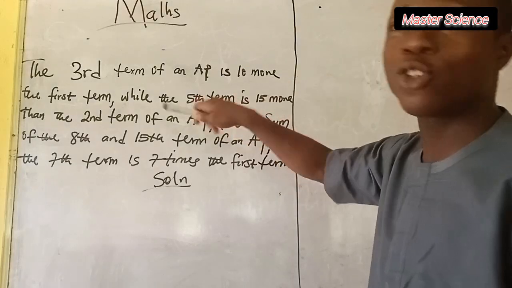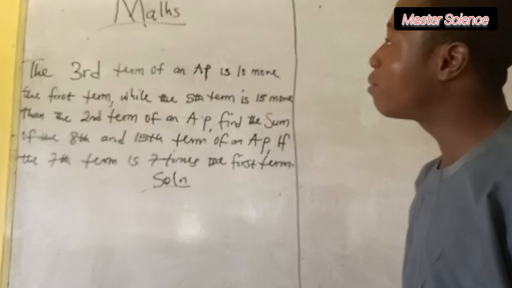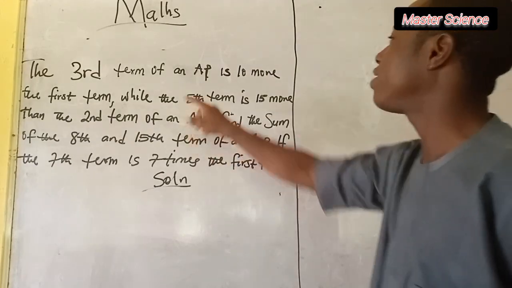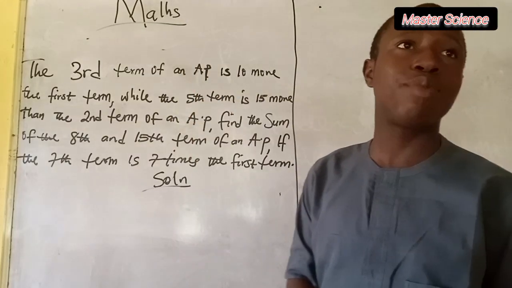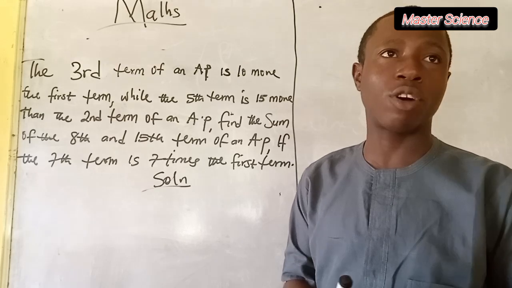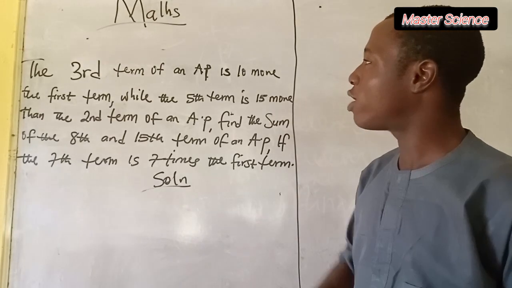Looking at the question, you know that this question is taken from arithmetic progression under sequences and series. We have arithmetic progression, AP, and geometric progression, GP. This question is on AP.